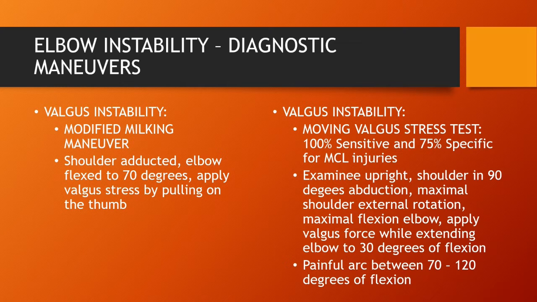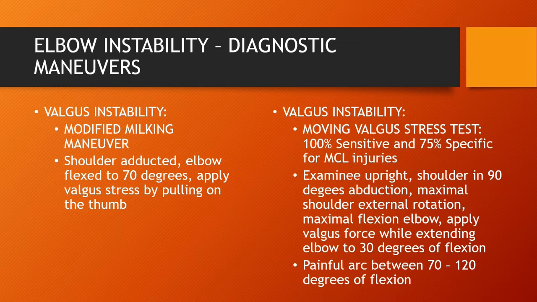With the modified milking maneuver, the shoulder is adducted with the elbow in tight to the body, and the elbow flexed to only 70 degrees, again applying a valgus stress by pulling on the thumb in a lateral direction, while palpating the medial joint line for laxity and opening.